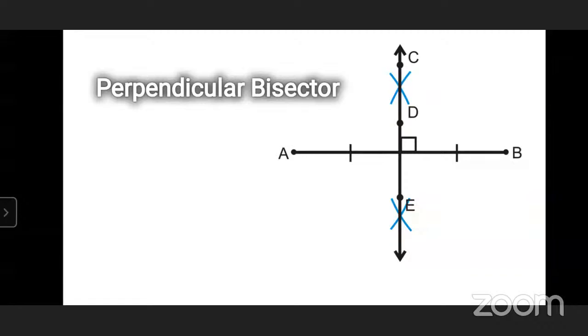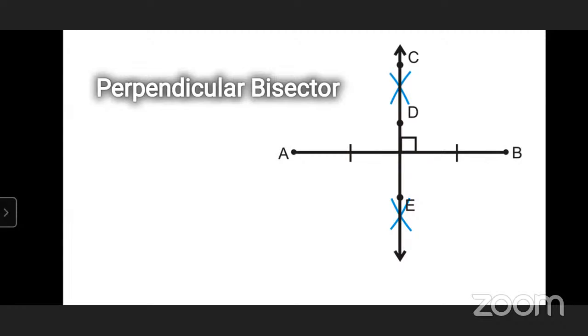It means that when we draw a perpendicular bisector of every side, the three bisectors meet in a single point in the interior of the triangle when the triangle is an acute angled triangle.